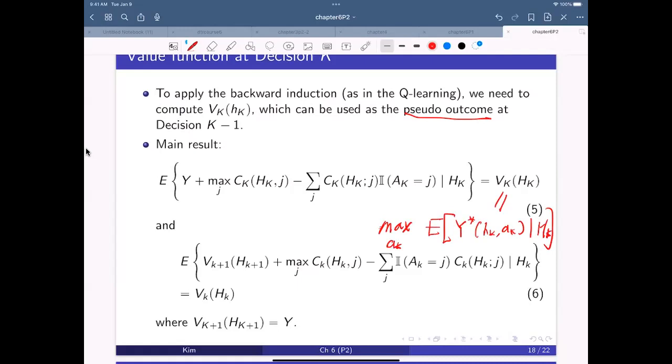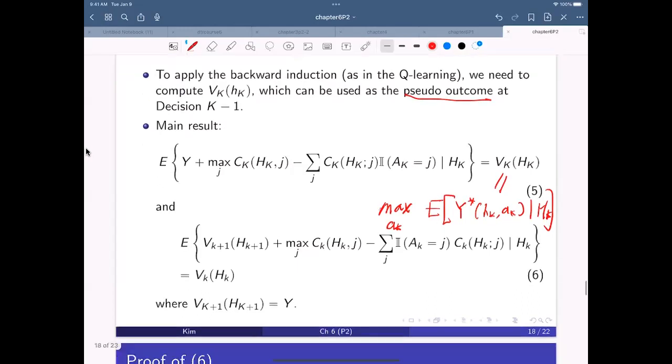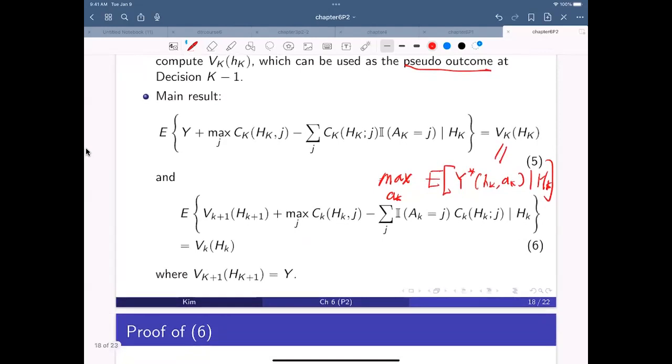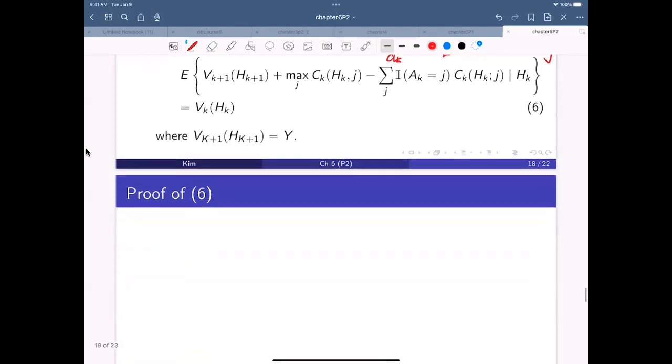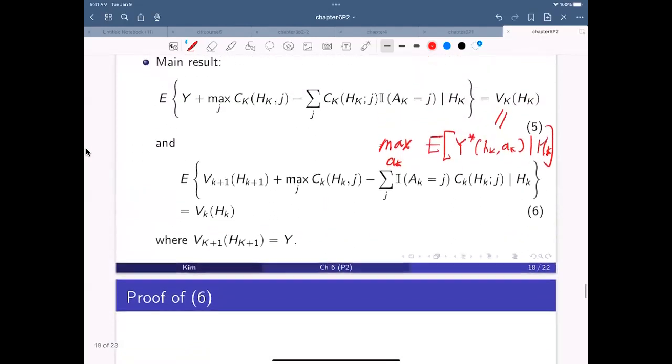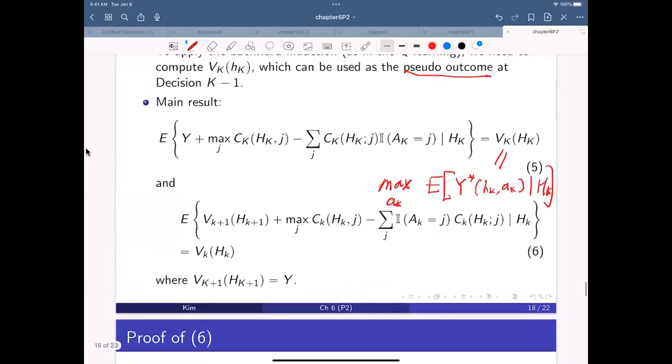So the definition is the best you can do. That means I should use this one instead of using this one, right? So that is this version. Same way here, right? So that is a more general form. But okay, I'm going to prove it. But let's try to recall what we did before.